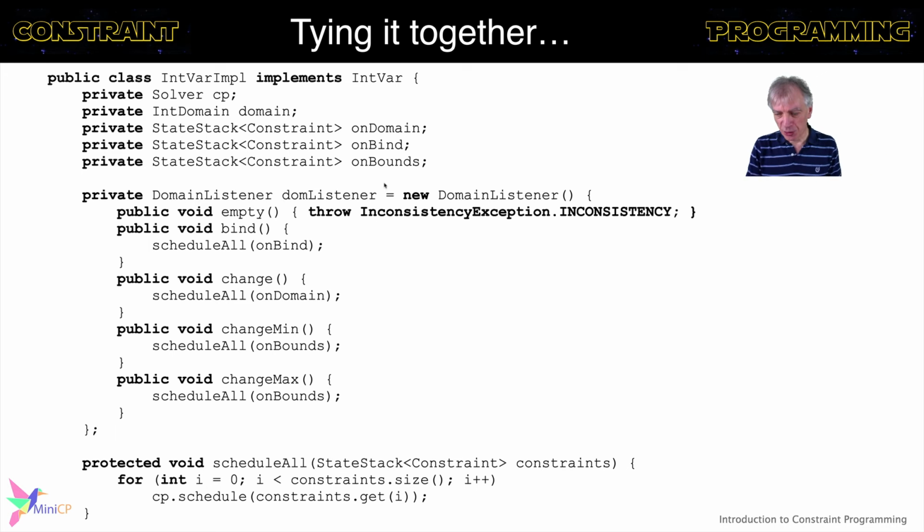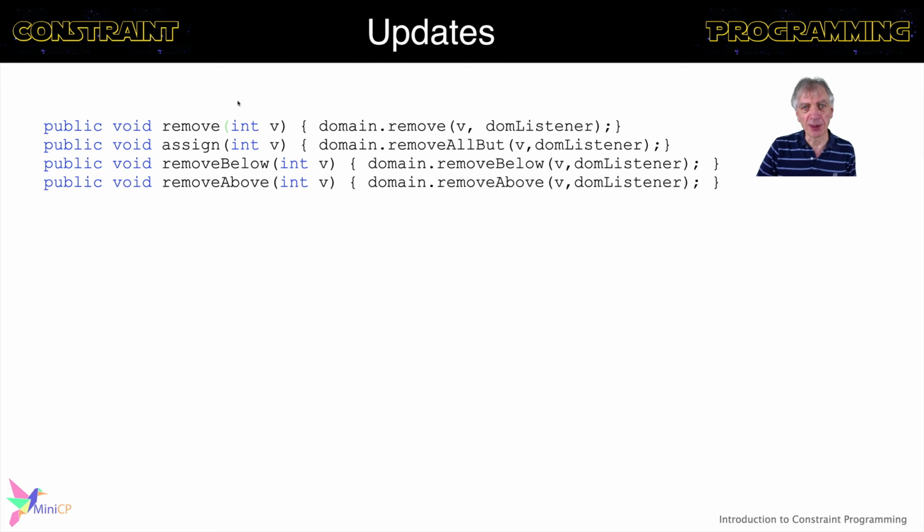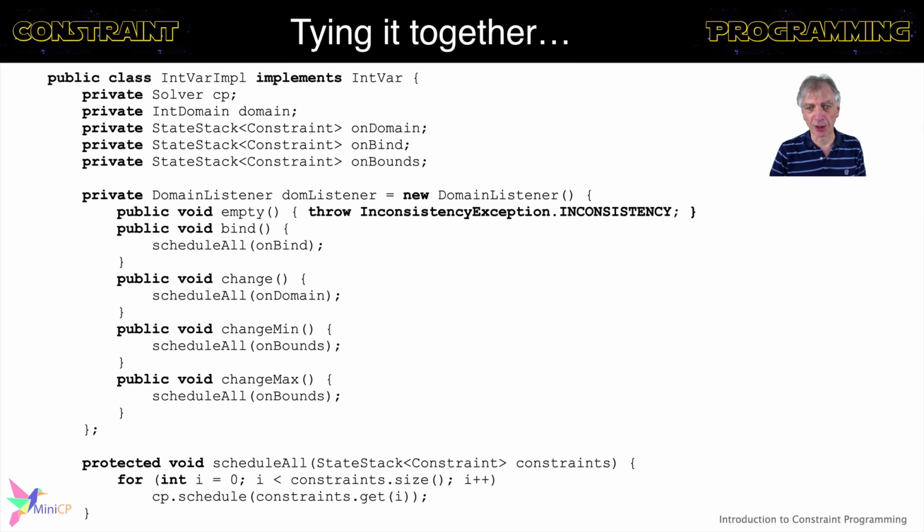So when we do a remove value like this, we pass this listener to remove value. If that listener calls the method change, the variable will say, aha, my domain is changing. I have to wake up all the constraints in this particular stack of constraints.